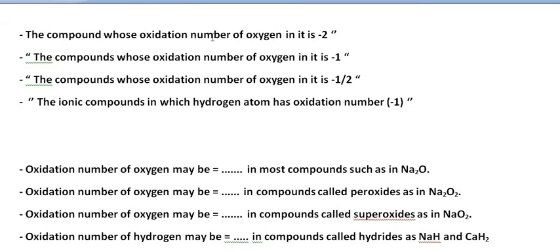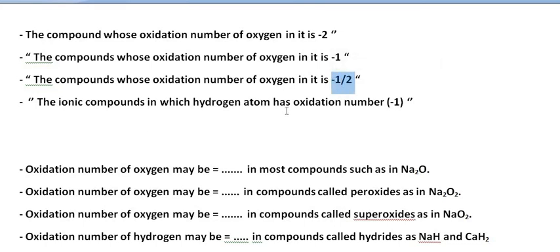Compounds in which oxygen has oxidation number minus 2 are called oxides, the normal oxides of oxygen. Compounds in which the oxidation number of oxygen is minus 1 are called peroxides. Those in which oxygen has oxidation number minus one half are called superoxides.